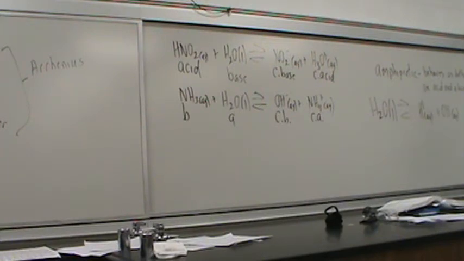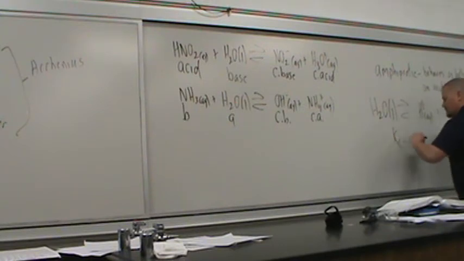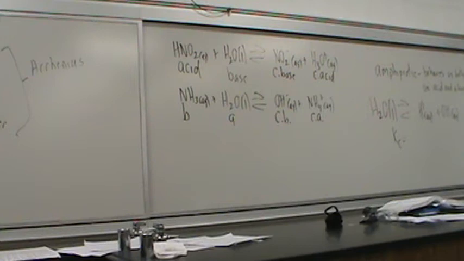And since this is at equilibrium, what would the formula look like for the equilibrium constant? Kc is equal to, if I remember, products over reactants, so it'd be like H plus times OH.